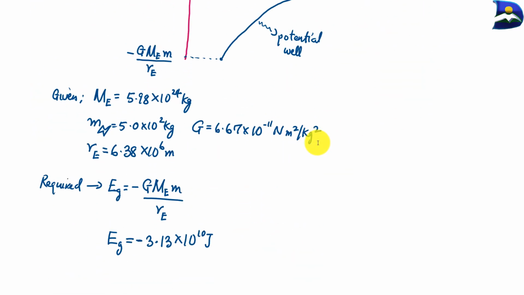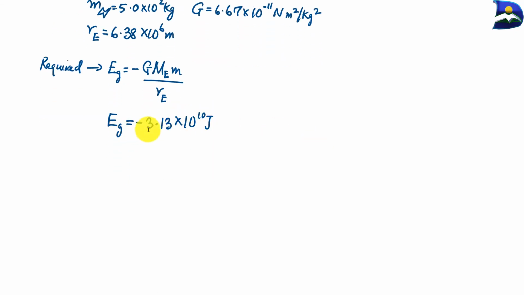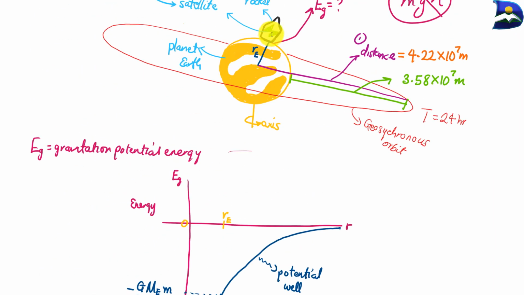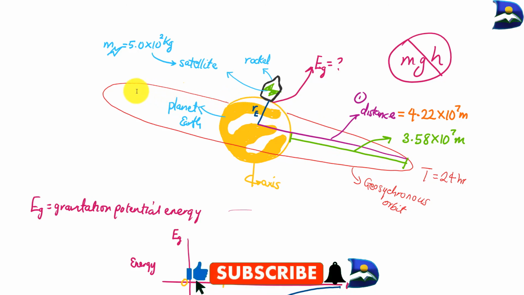So this is how this value is determined. This value is the gravitational potential energy of the satellite that is attached, remember that, to the rocket on Earth at rest. So on our next video, we're going to look at the total energy that the satellite has at this particular point, or any point along the geosynchronous orbit.